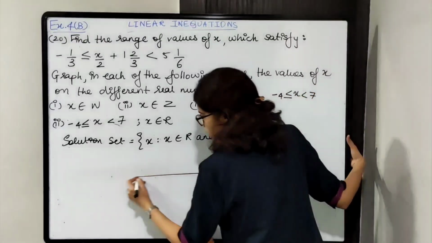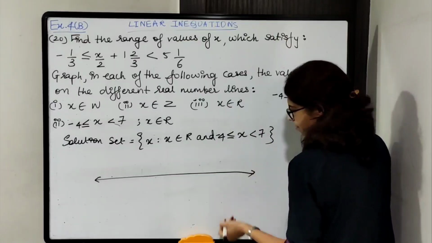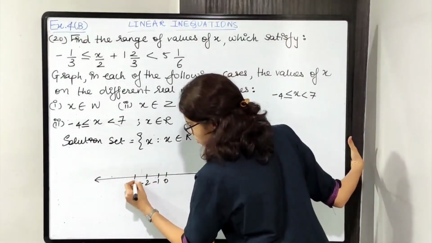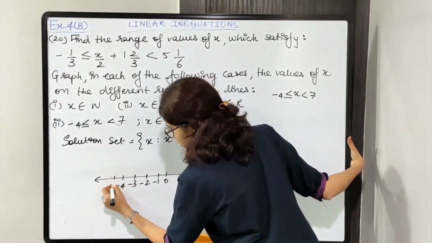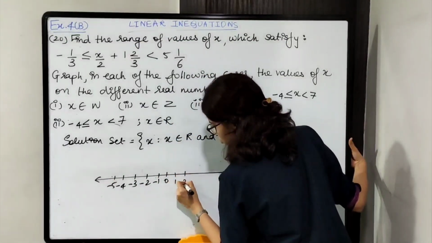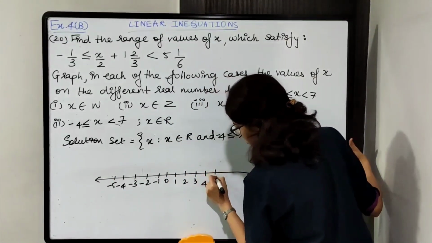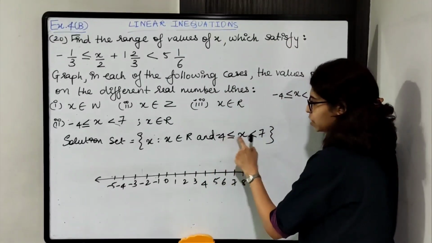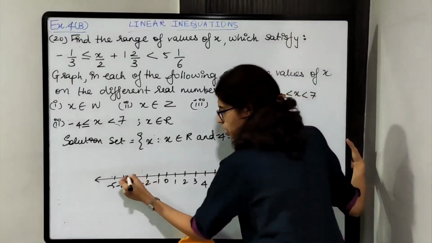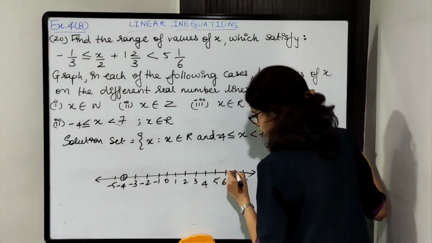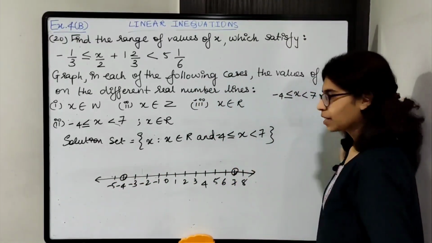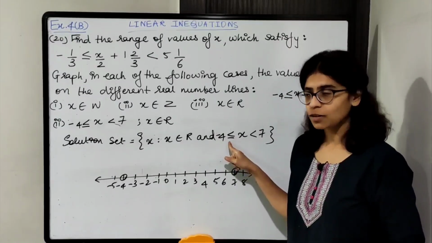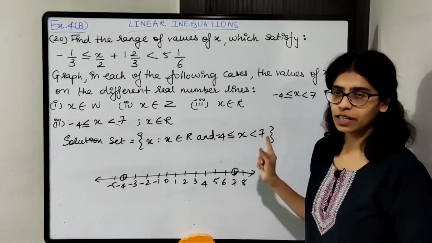So draw the number line. 0, -1, -2, -3, -4, -5, 1, 2, 3, 4, 5, 6, 7, 8. It is from -4 to 7. So circle -4, circle 7. Okay. So -4 is included over here. X can be equal to or greater than -4.